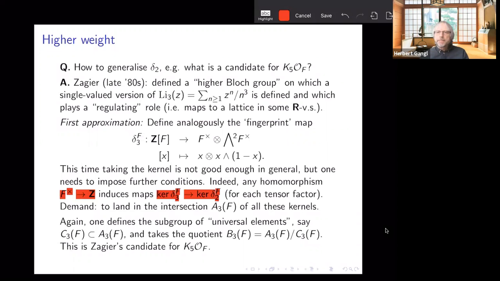I see. Okay, thanks. And you can do it also for each of those tensor factors, right? So there are quite a few maps that you have to take into account in principle. But essentially, I think for this step, it's even sufficient to look only at the map from the first tensor factor rather than for the individual ones, and then take those into account.